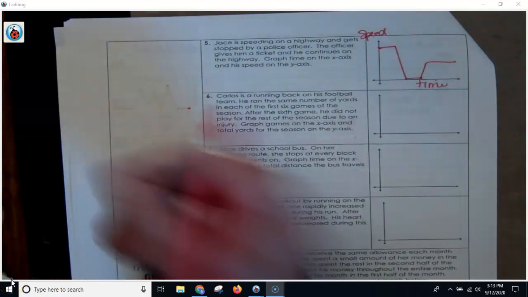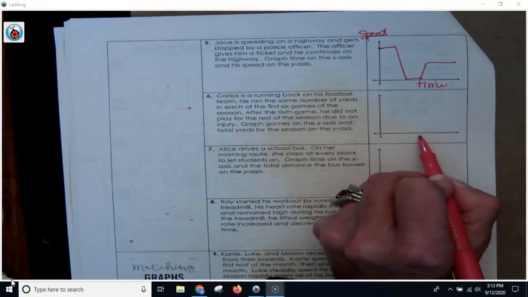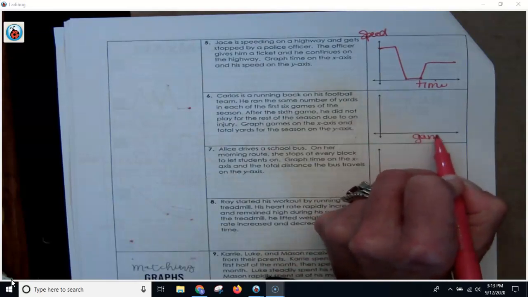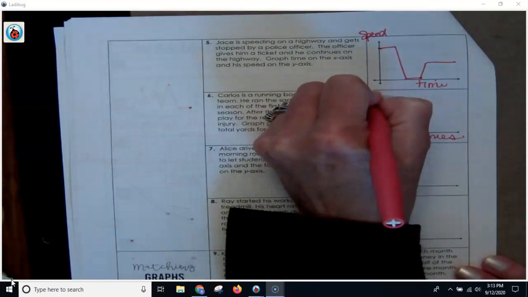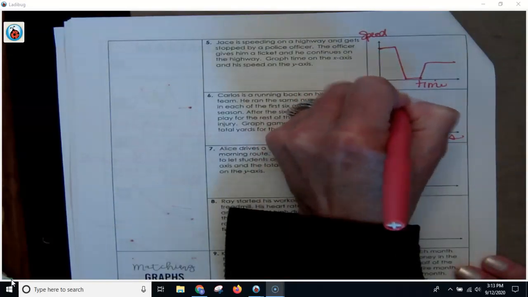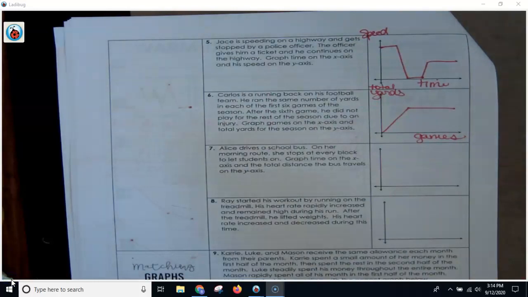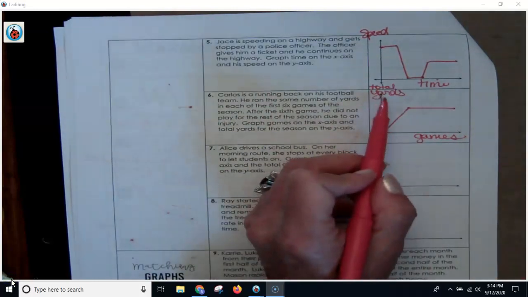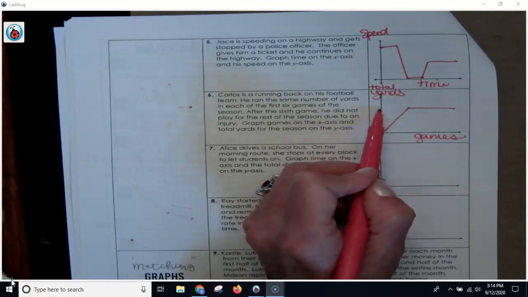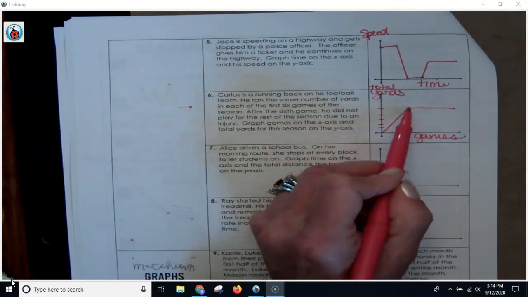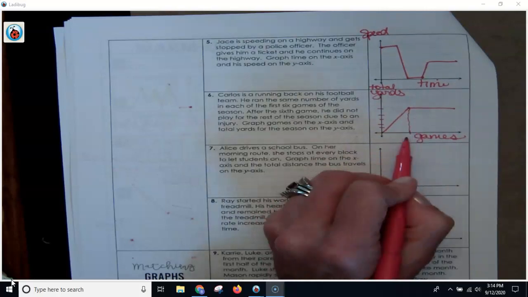Keep in mind that your x-axis is the number of games and the y-axis is the total yards. So if this is total yards, then for the first 6 games, that would continue to increase. So at this point, this is after game 6.